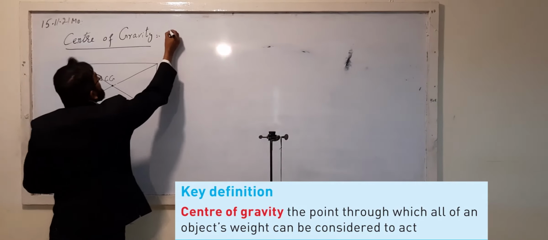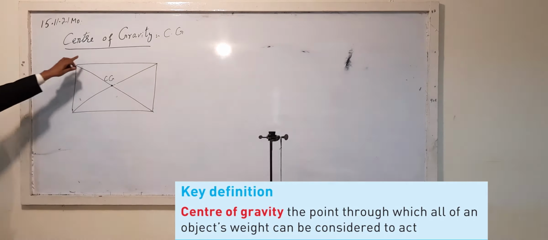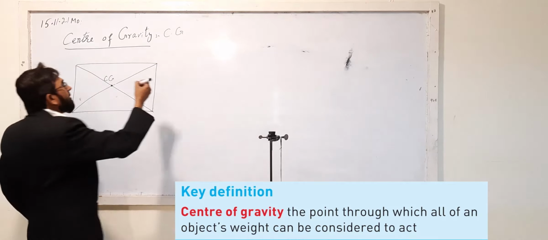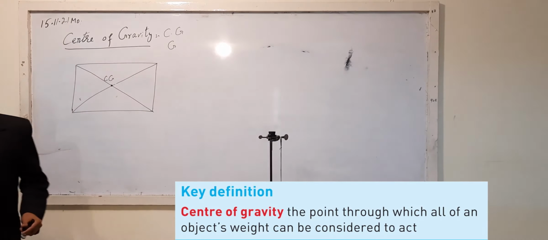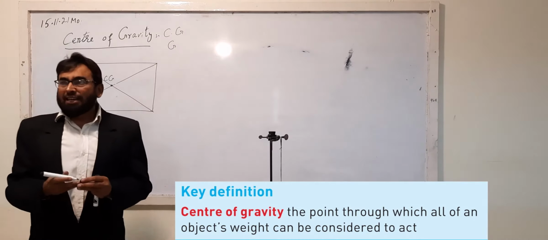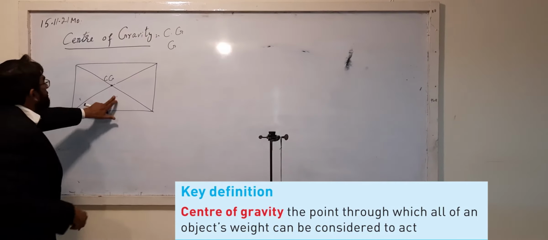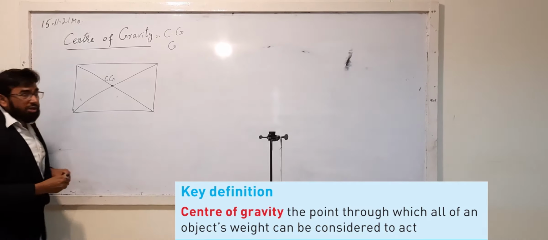CG stands for center of gravity, or we can also represent it with capital G, to show that this is the point where the whole weight of the object is acting or appears to act, okay? So this point is called the center of gravity in a regular shaped object.